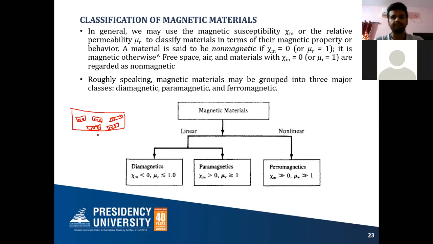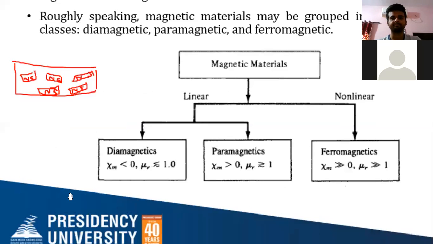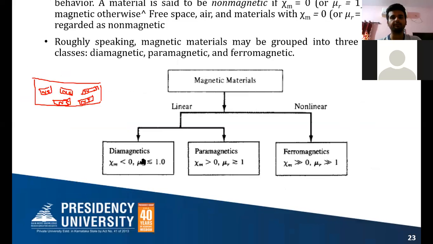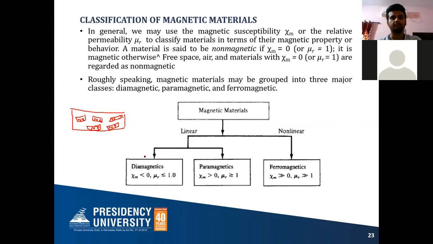Now, what is diamagnetic? Diamagnetic means if the total dipole moment of the magnet completely cancels each other, that means it is zero, then we call it a perfect diamagnetic material.